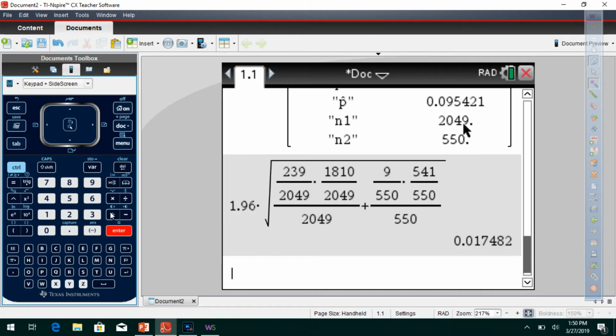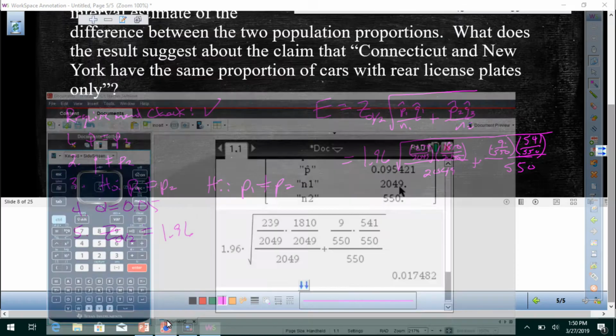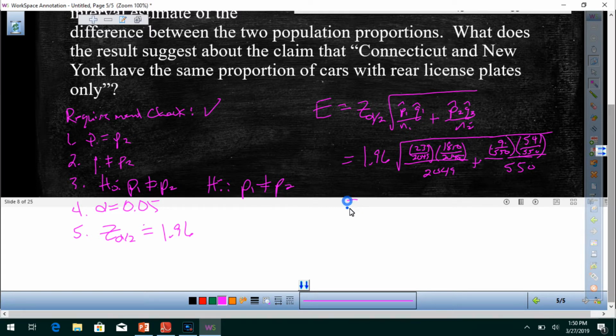And then we got 0.017482. So E equals 0.017482.